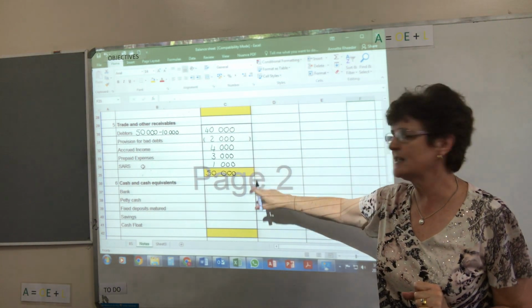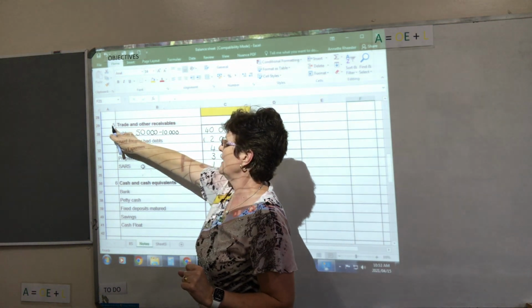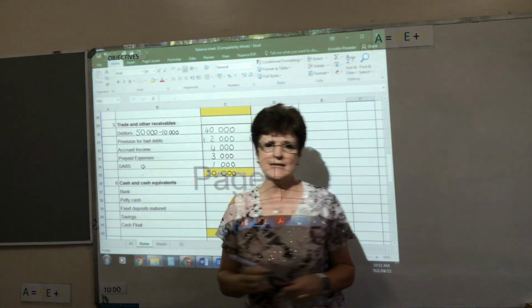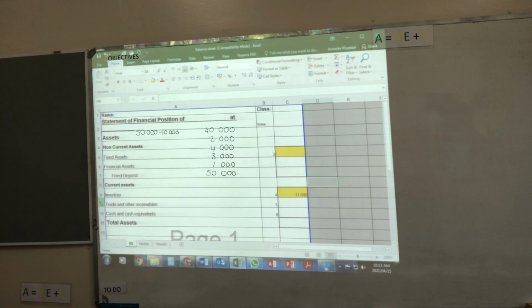That 50,000 amount here in my yellow block is the note 5 total, trade and other receivables. Let's have a look where we will record it in the face of the balance sheet. We go to trade and other receivables next to note 5 and we're going to put the 50,000 in here.